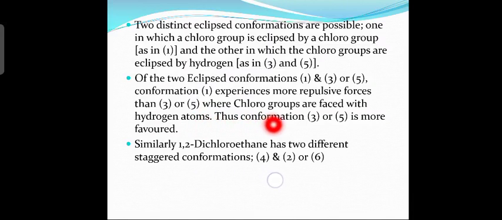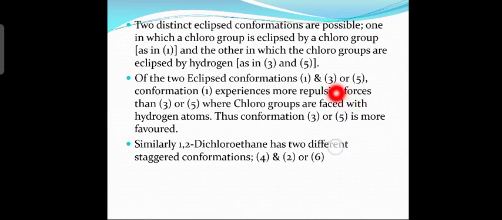Thus conformation 3 or 5 is more favored. Here in the first conformation, 2 hydrogen atoms are in close neighborhood and 2 chlorine atoms are in close neighborhood. That means like atoms exist together, so there is more repulsive force.